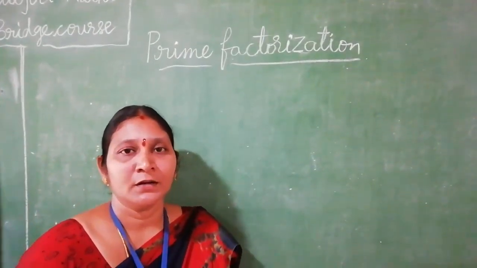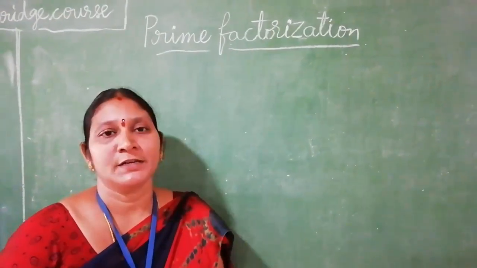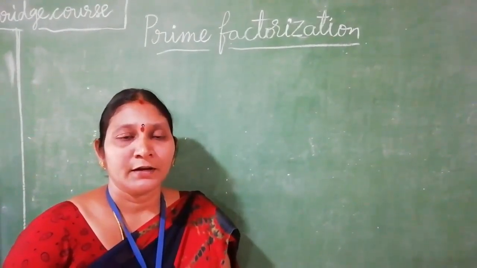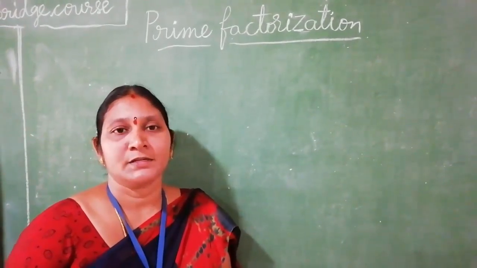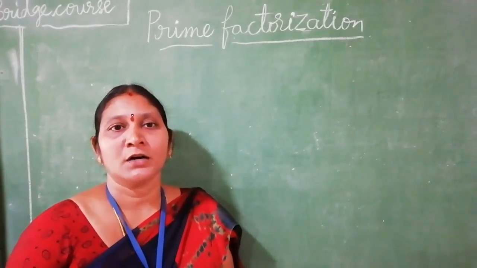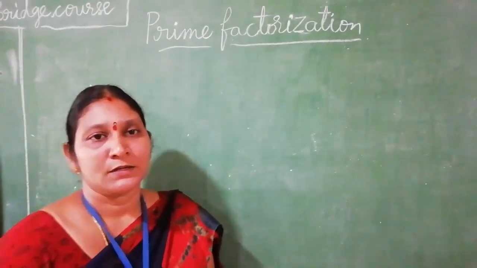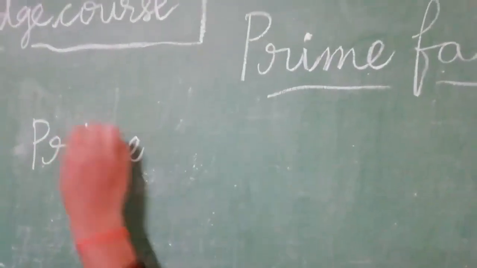Before going to the topic, now I tell what is a prime number and what is a composite number. A number which has two factors is called a prime number. Numbers which have more than two factors are called composite numbers. First I tell prime numbers.